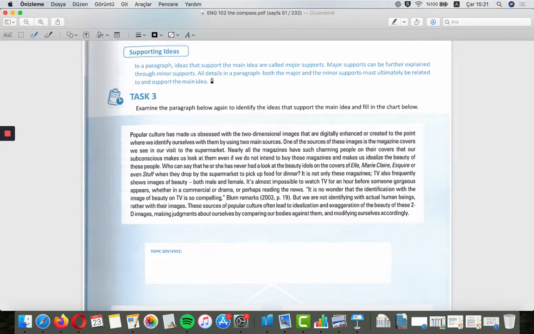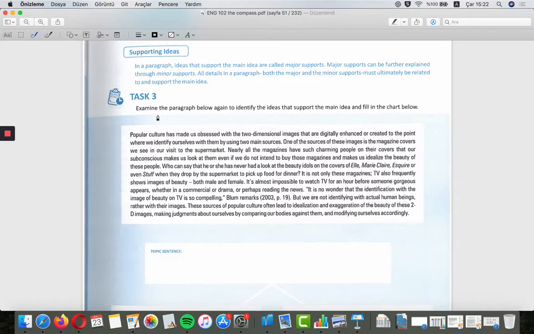And it says all details in a paragraph, both the major and the minor supports, must ultimately be related to and support the main idea above. You cannot talk about anything else. You should talk in an organized way.